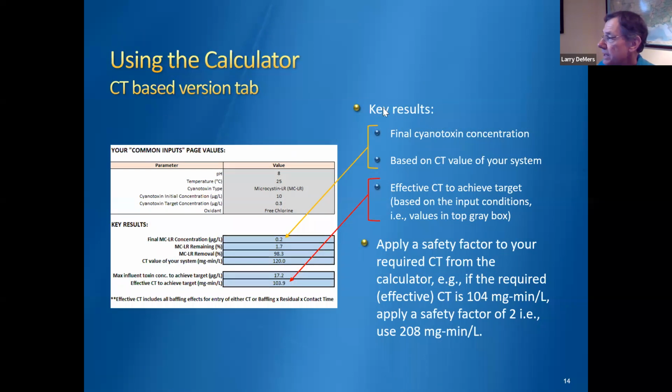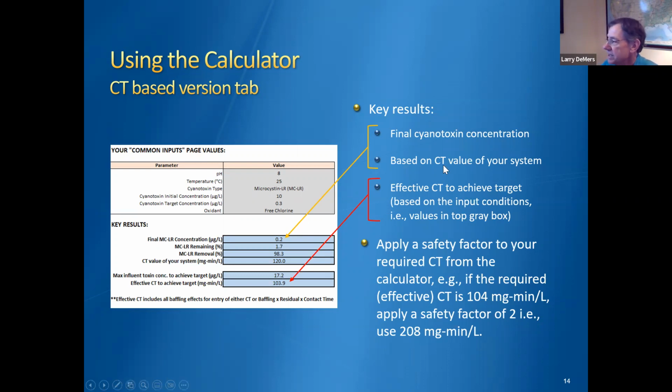So the first, the yellow box, I guess, arrow pointing to the top level of information, it shows you at that point what your final cyanotoxin concentration is predicted for this particular example. So it's showing that the conditions resulted in a final concentration down at 0.2.